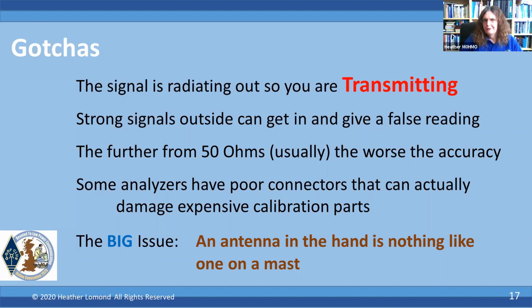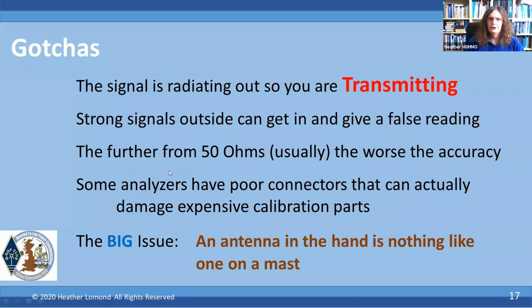The further you get from 50 ohms, usually the worse the accuracy of these measuring devices. And that's largely because they are mostly centered around measuring a reference device. Some, and I won't mention which one, but some of them, and not necessarily the cheaper ones, have connectors that can actually wreck calibration parts because they're not very good quality connectors.